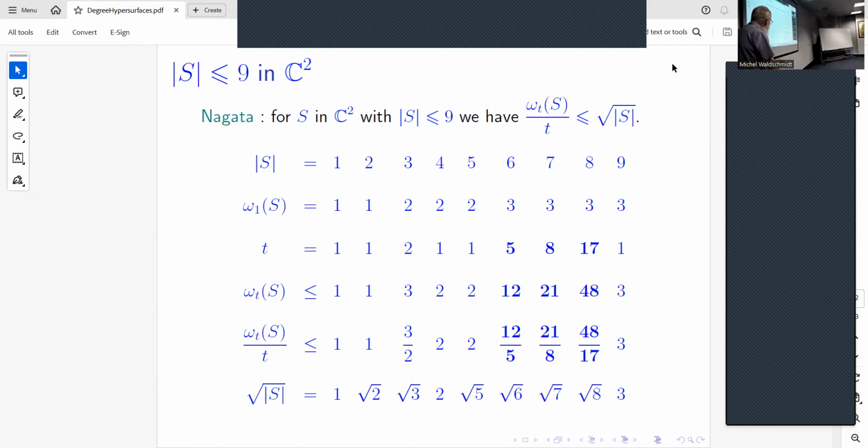And all of them are less than or equal to the square root of S. So whether these numbers are the smallest is something which is not quite clear. I do not know a proof that we cannot do better than 12.5, but we were happy to have a number which is better than 12.3.